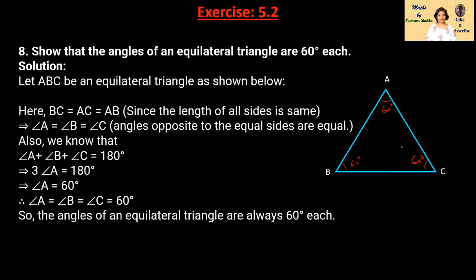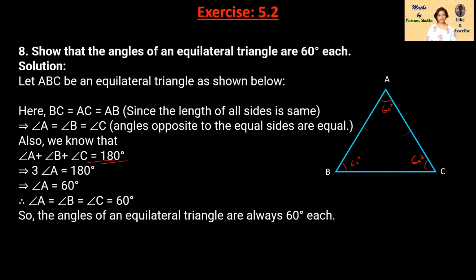Because this is an equilateral triangle, BC equals AB equals AC. Therefore angle A equals angle B equals angle C, because angles opposite to equal sides are equal. Also we know that angle A plus angle B plus angle C equals 180.